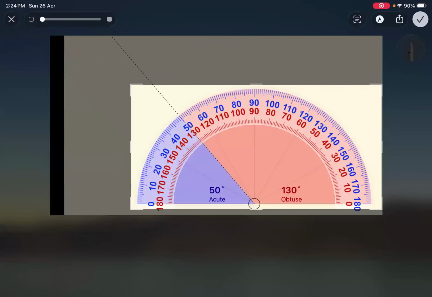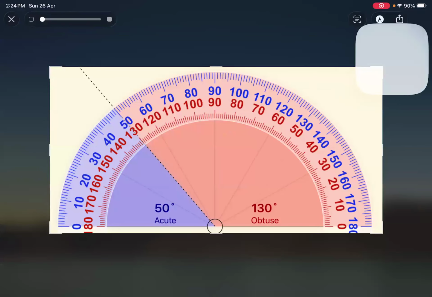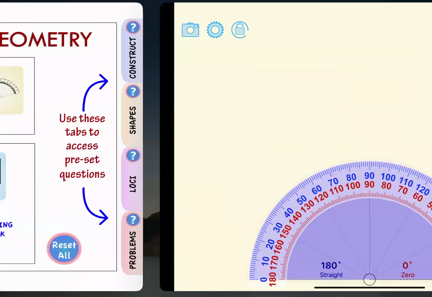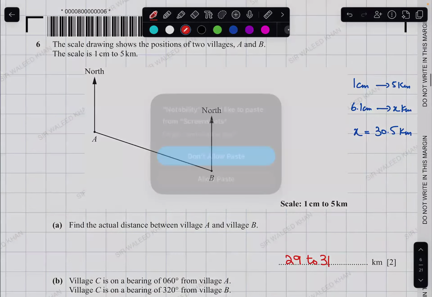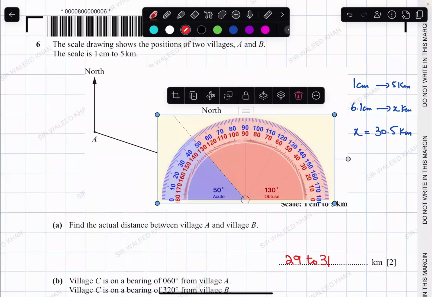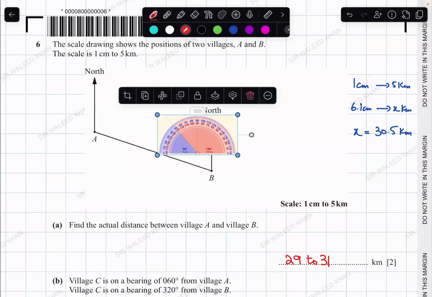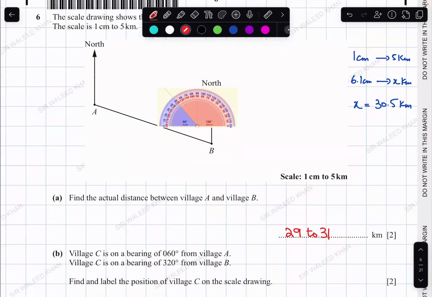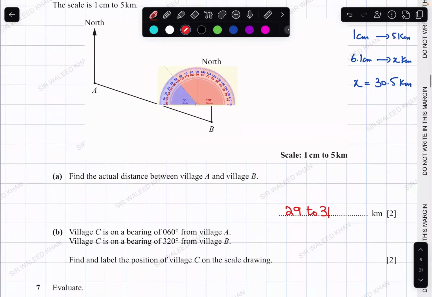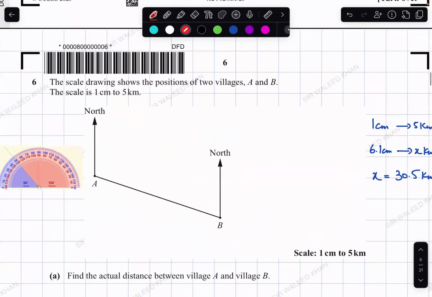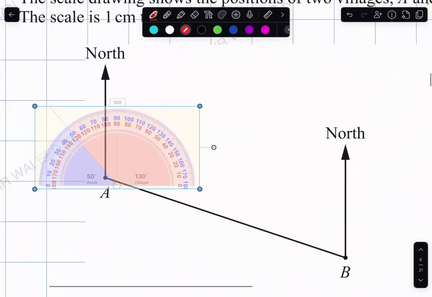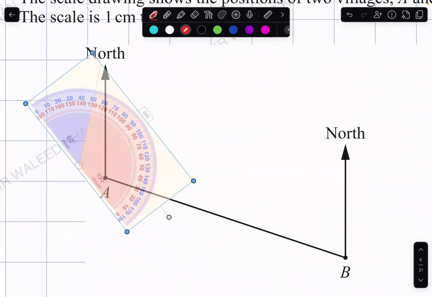So they're saying village C is on a bearing of 60 from A. Okay. 60 from A. So this is the north of A. We are going to start from the north of A and go 60 degrees in that direction.